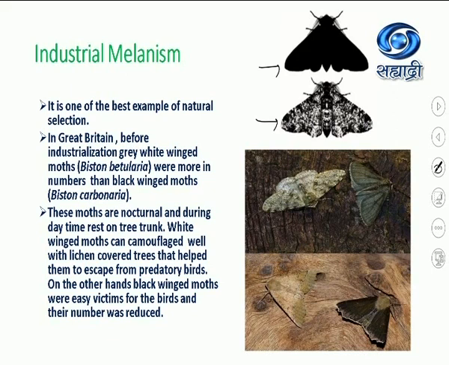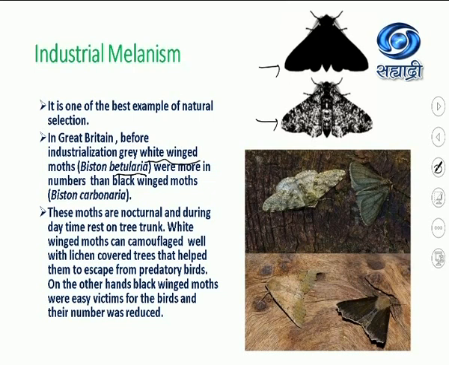And so on the lands, on the trees, a lot of lichen grew, because you know that lichen will always grow where there is no pollution. And lichen was somewhat grayish, blackish color. So what happened? Before industrialization, these grey-white winged moths, Biston betularia, could camouflage themselves amongst that lichen, isn't it?